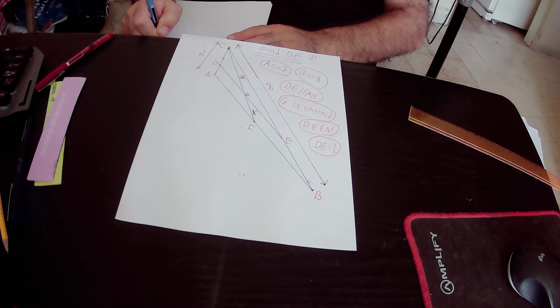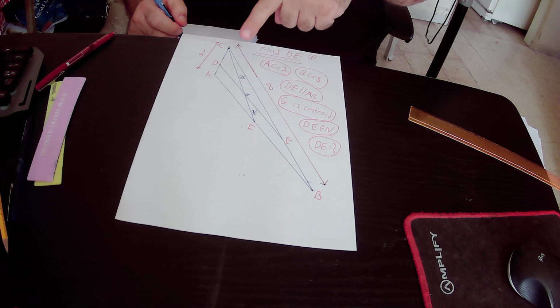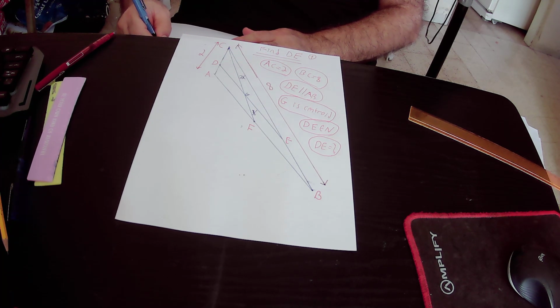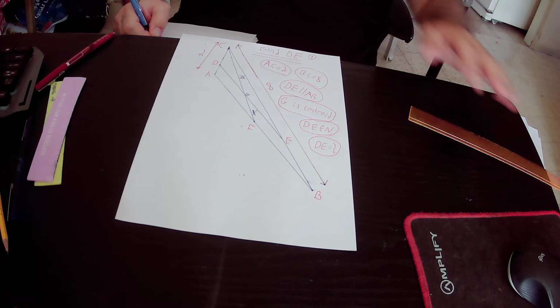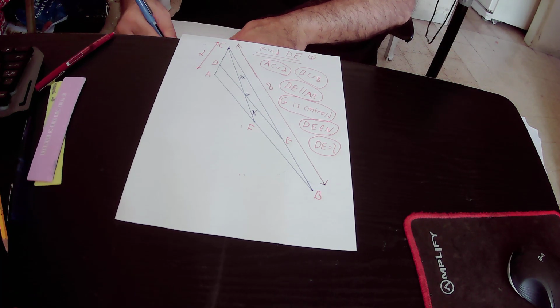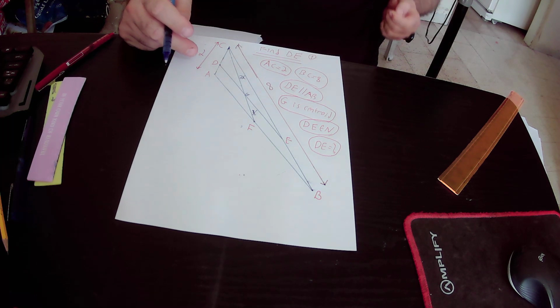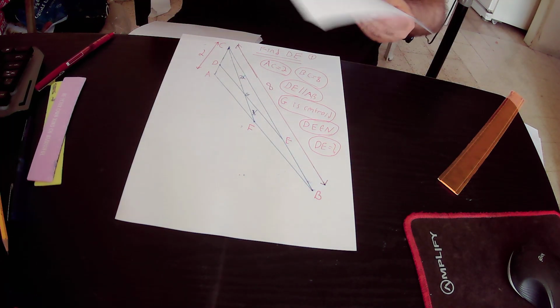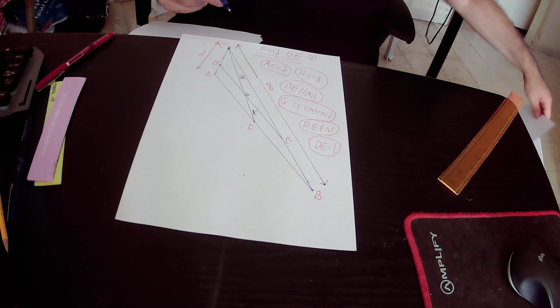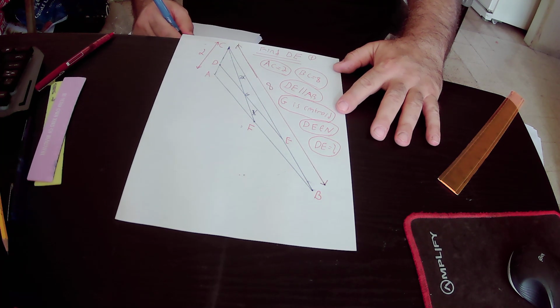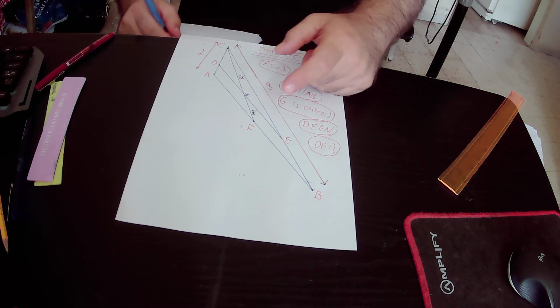If we relate to triangle ACF, because of the fact that DE is parallel to AB, according to this rule, we can say that CD over AD equals CG over GF.